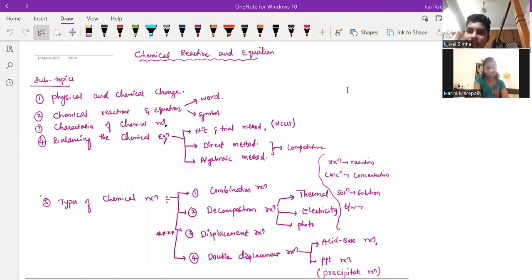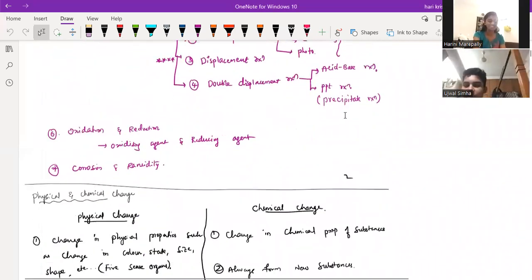Okay. Now can you see the screen? I thought you are seeing the screen itself. I'm on explaining each and every point. Yes. You can see.